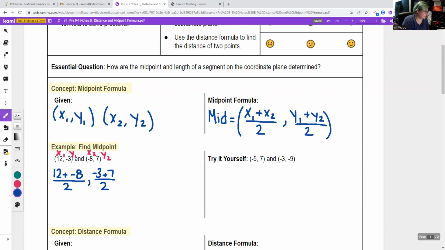And so then we're going to have 12 plus negative 8 is going to be 4 over 2. Negative 3 plus 7 over 2 is another 4 over 2. And then we're going to simplify those both down to 2, comma, 2. So there is our midpoint.